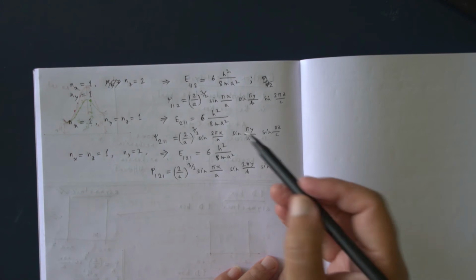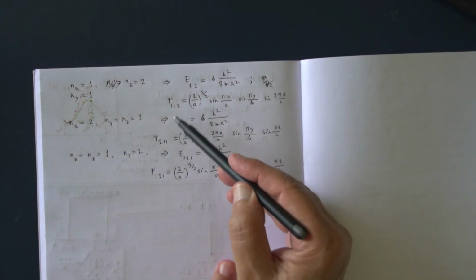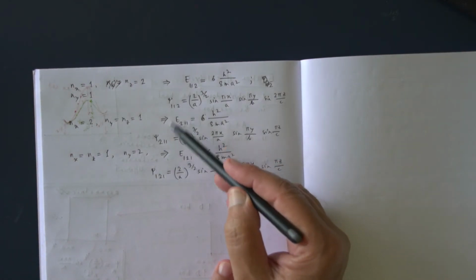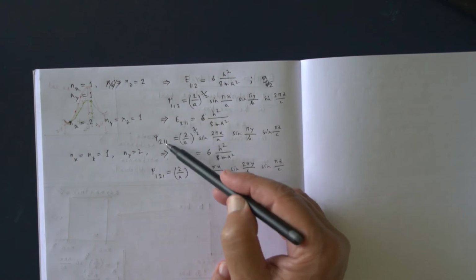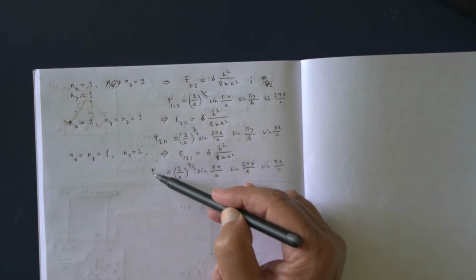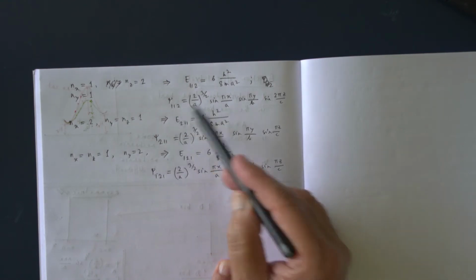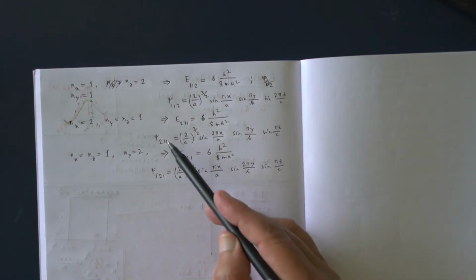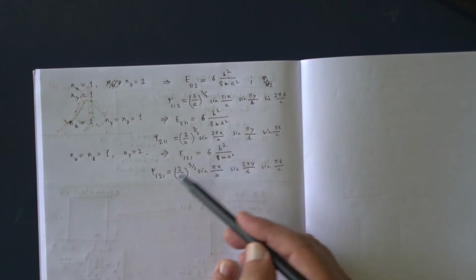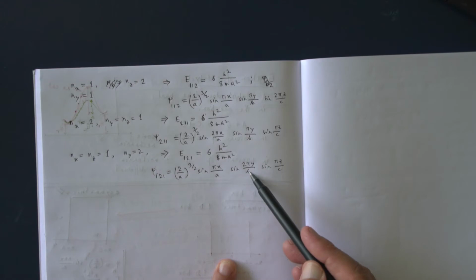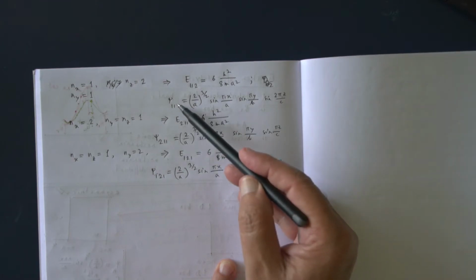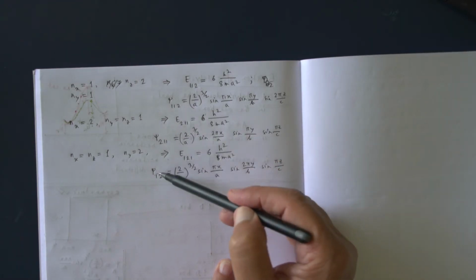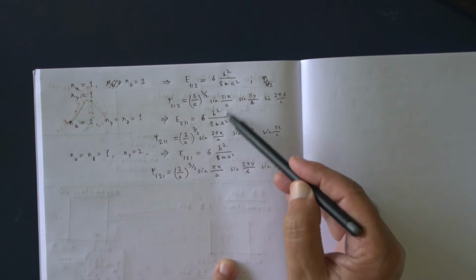So they represent three different states. We have already said they represent three different states, because this is twice along z, this is twice along x, this is twice along y. So they represent three different states, but they have the same energy.